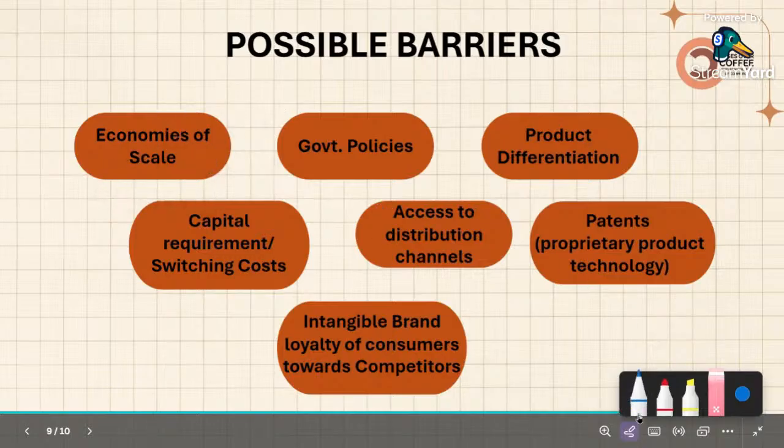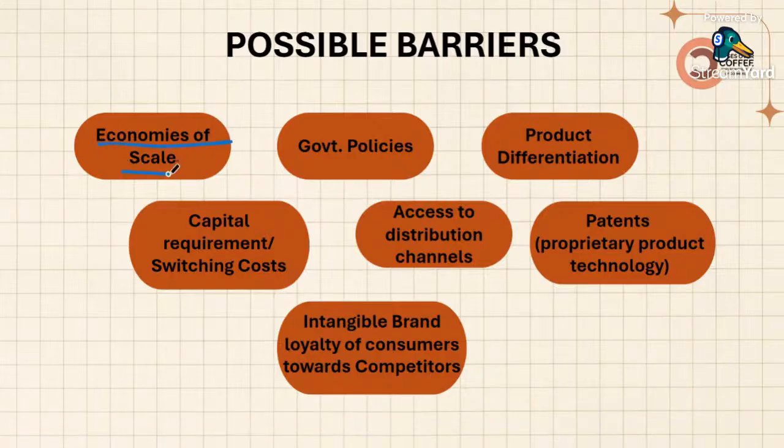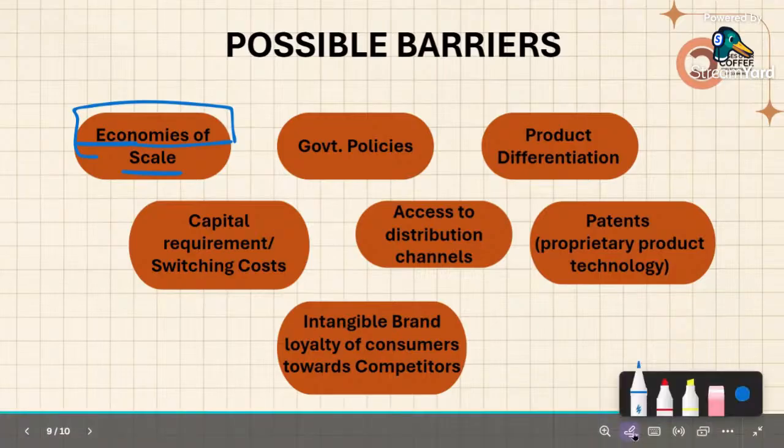One example could be a company that wants to enter the logistics business. We have competitors like Safe Express and Delhivery in this space. In this case, they have the economies of scale.